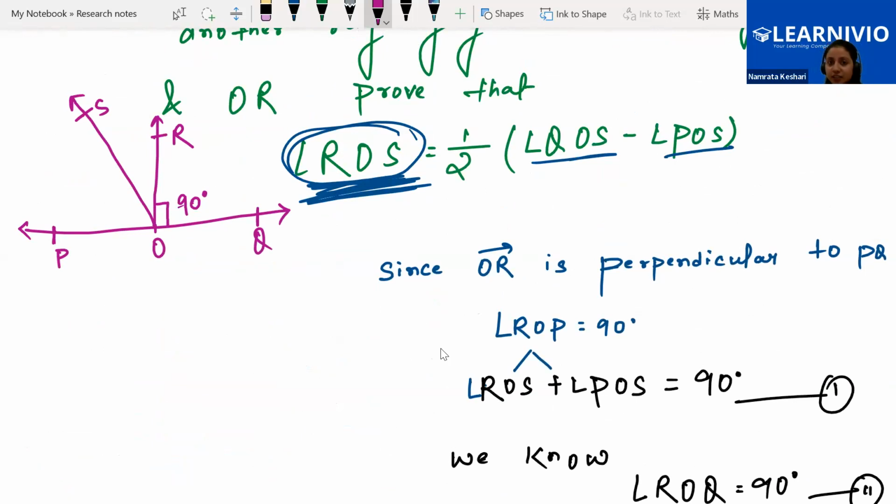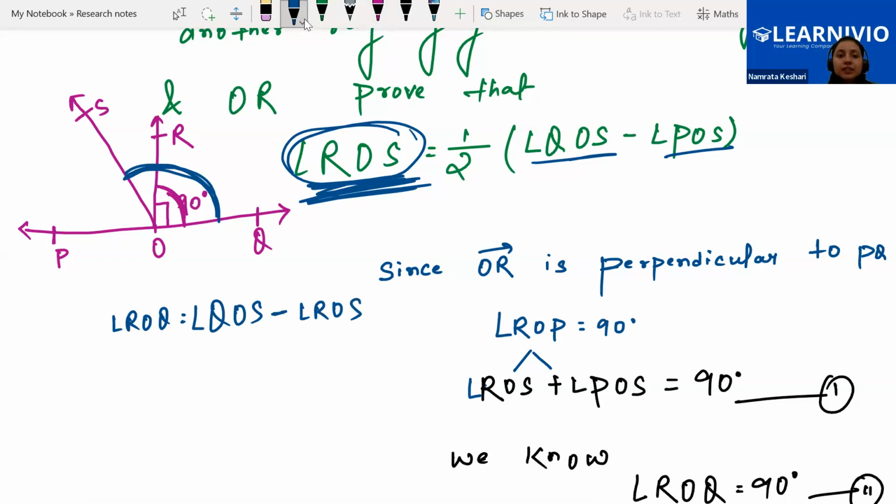If you are thinking about anything else, like your school or your friend, I am telling you, focus over here. If you miss this, you will not get it. This angle ROQ, 90 degrees, I am going to write as total angle QOS minus angle ROS.